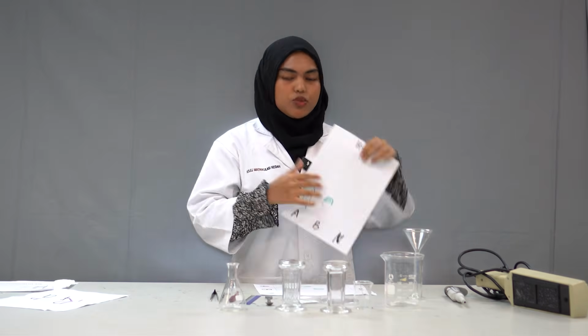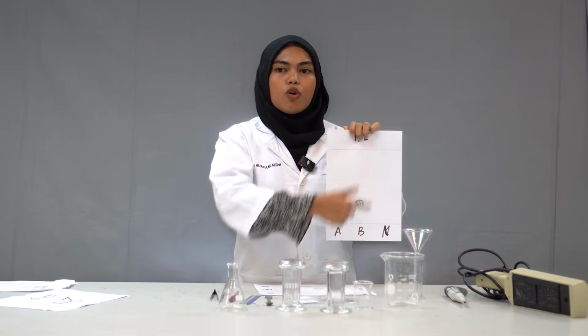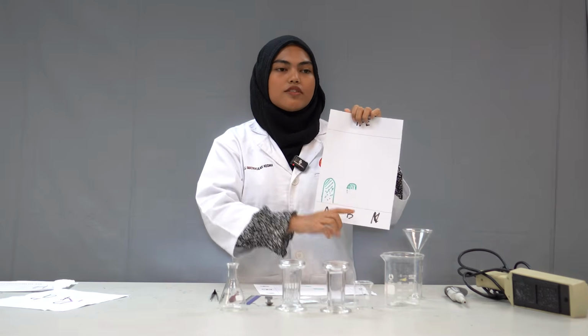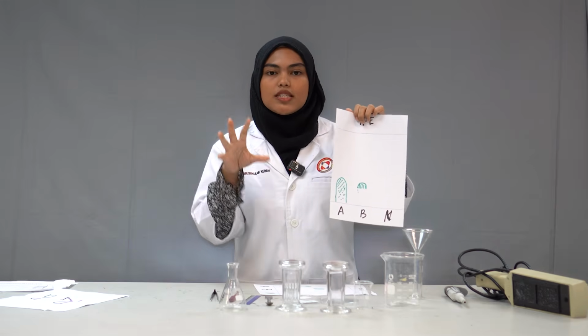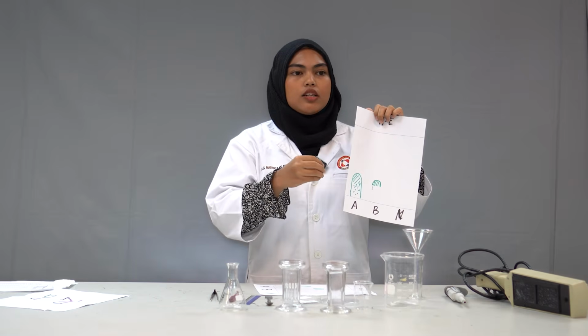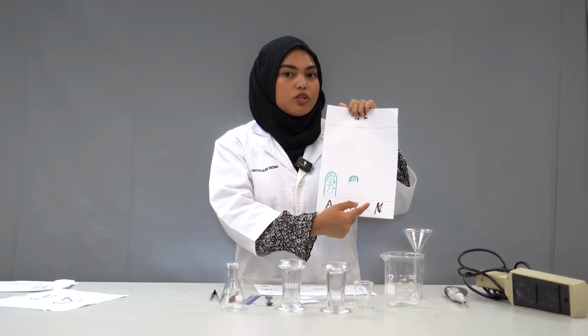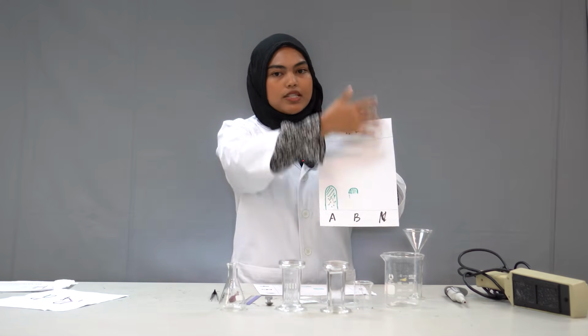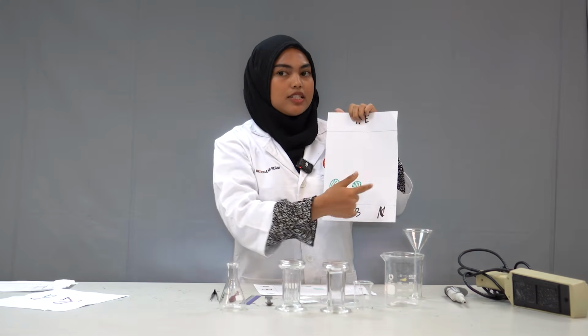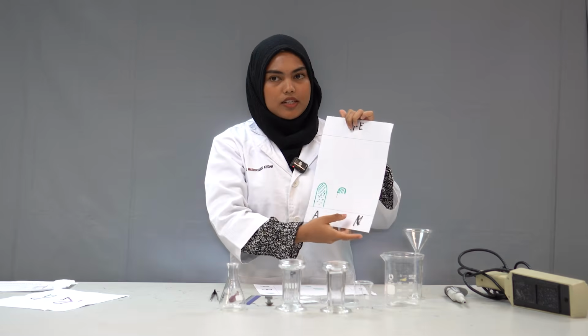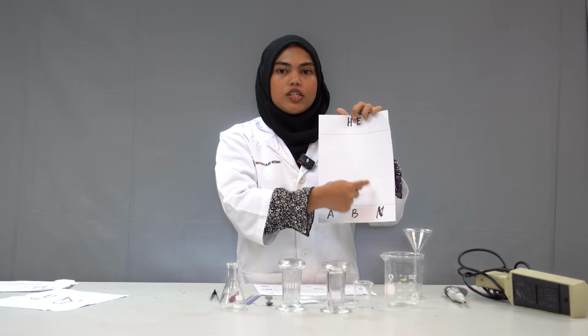Because of the interaction between the compound and the silica gel, it moves a bit slower. Then the neutral moves faster than the other compounds, because when the mixture is non-polar, it will interact with the neutral, since the neutral is non-polar, so it will move faster up the TLC plate. That is why there is no neutral here.